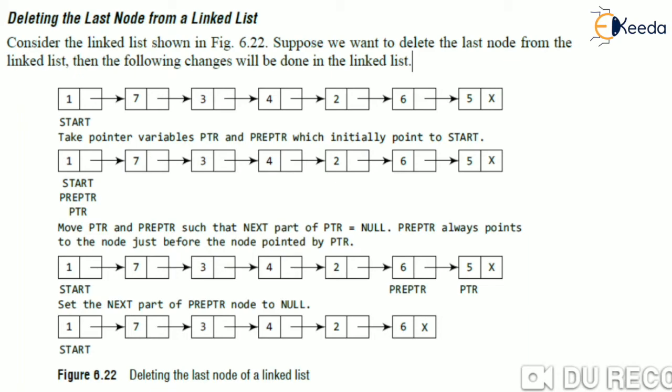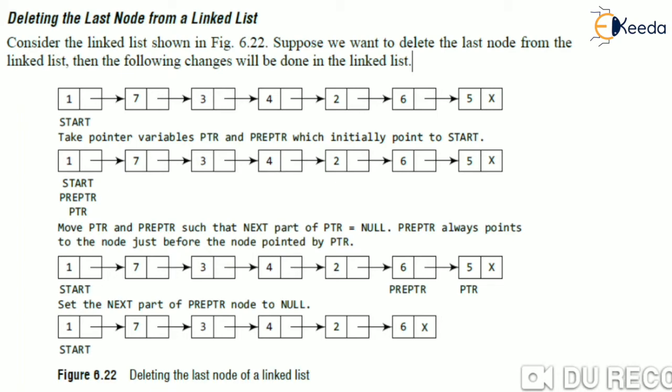That's why we are using three pointers, that is start, pre-pointer and the normal pointer. The pre-pointer and pointer move one by one throughout the single linked list, one after the other, in this manner.